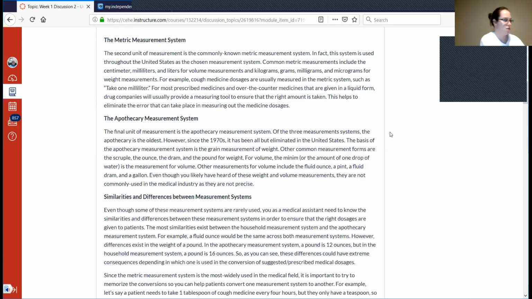So they were using it then. Even though it's been supplanted, it has held on. And this measurement system was actually taught in medical schools up until about the first third of the 20th century for dosing of many drugs.